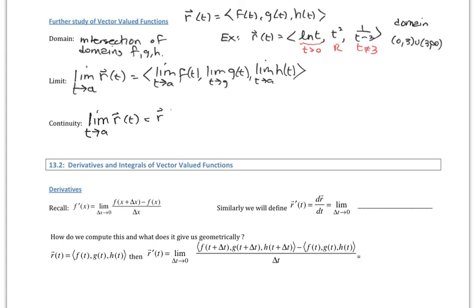So let's see, r of a. So as t approaches a, if I get the same thing as I would for that functional value, if that's the case, then we have continuity. r is continuous at a. Your book has a little more information in there. I just kind of covered that lightly. In the next video, we'll take a look at derivatives.